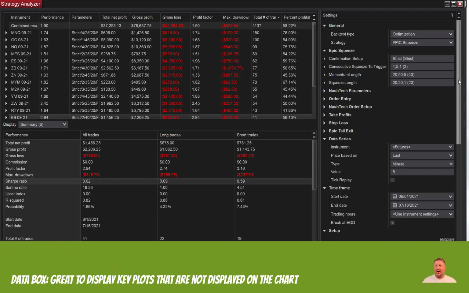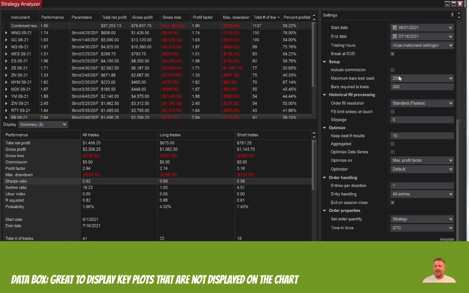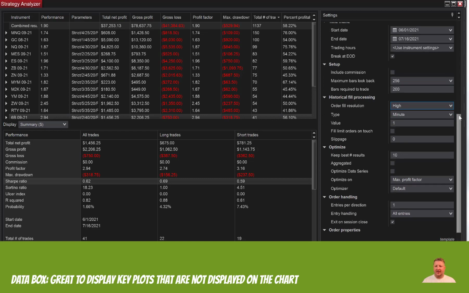You can get around that a bit by not using tick replay, but by using historical fill processing. Set that not from standard, but set that to something like, I don't know, 1 minute, 1 second, 1 tick. Okay, you will find that that will also give you a little bit better understanding.